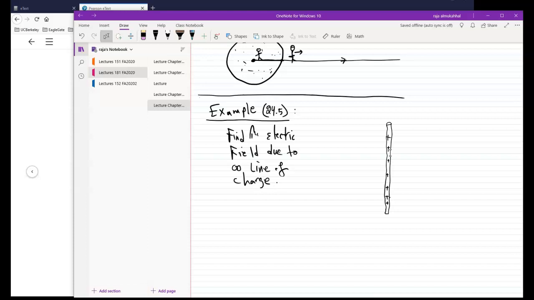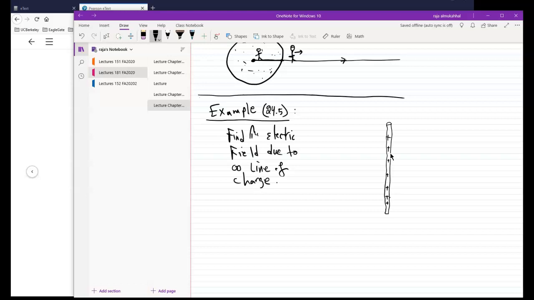So I want to draw a finite cylindrical Gaussian surface. Finite. Remember, this is infinite. Now you may ask, what about the rest of the wire that is not included within the Gaussian surface? Well, hold on a minute. You'll see there's a little trick to it that actually works pretty cool.